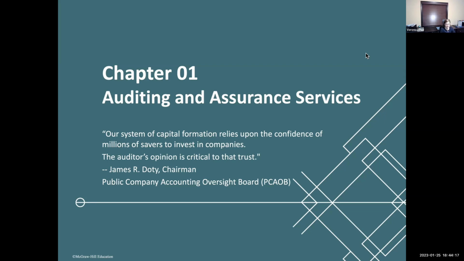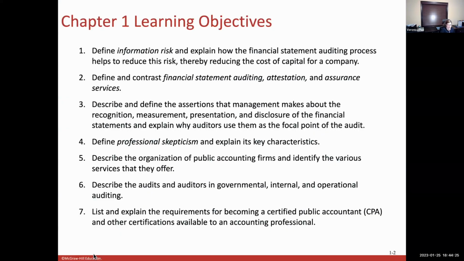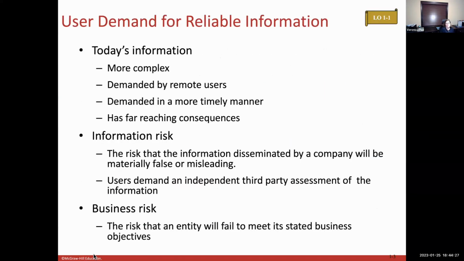All right, so let's talk about auditing and assurance services, because that's pretty much what we're doing at the end of the day. These are all the learning objectives that we're going to cover. We talked a little bit about reliable information, right?